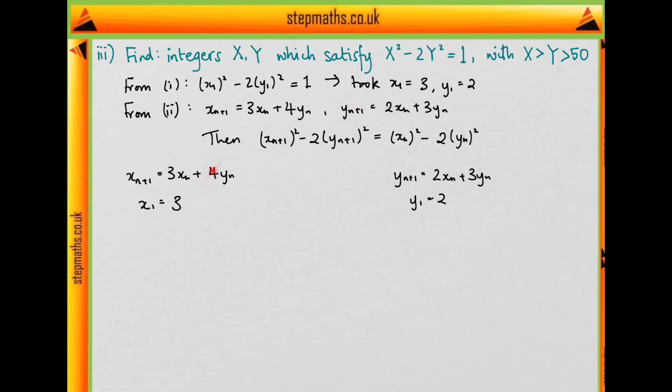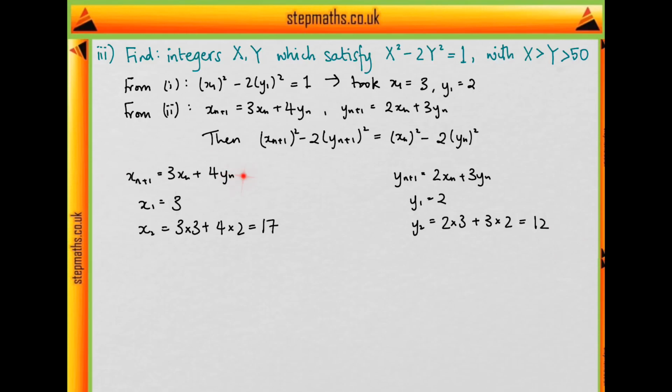Okay, so if we use these recursive formulas with x1 is 3 and y1 is 2, then for x2 and y2, we have for x2, 3 times x1, which is 3, plus 4 times y1, which is 2, so 3 times 3 plus 4 times 2 is 17. Similarly for y2, we've got 2 times x1, which is 3, plus 3 times y1, which is 2, so 2 times 3 plus 3 times 2 is 12.